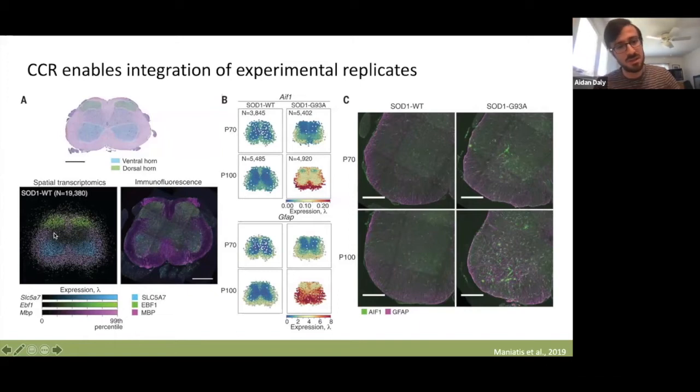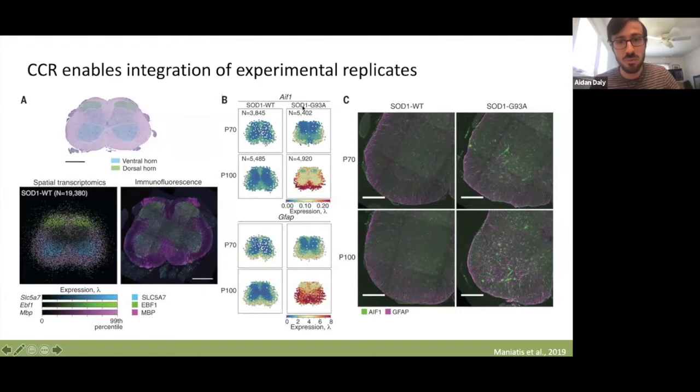And we see that the distribution of these marker genes, which we captured in an unbiased way, recapitulates the distribution in a targeted immunofluorescence experiment. And we can use this also with a larger, more interesting cohort to compare how disease-related markers change expression patterns over space and time.